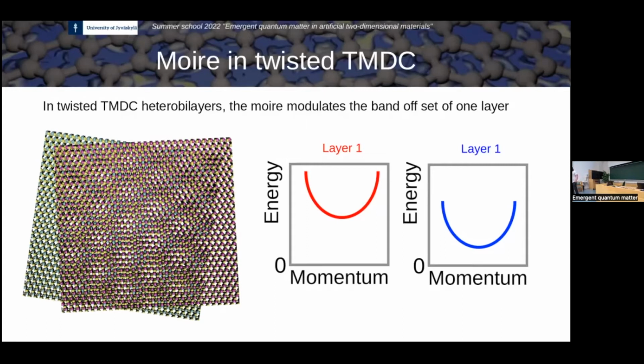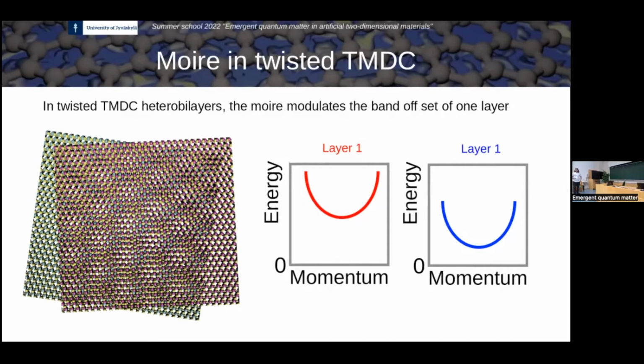So the basic idea is that if you take different materials, you can think that the layer on the top is MoS2, the layer on the bottom is tungsten diselenide or disulfide, then these materials are semiconductors, right? And they have a certain gap, but this gap is different between these materials.